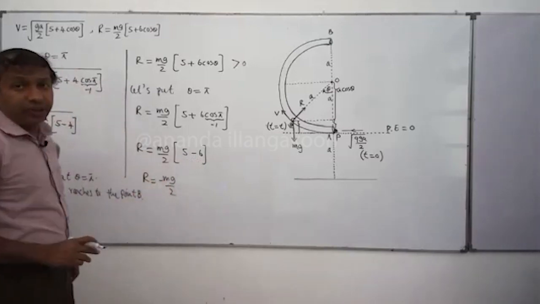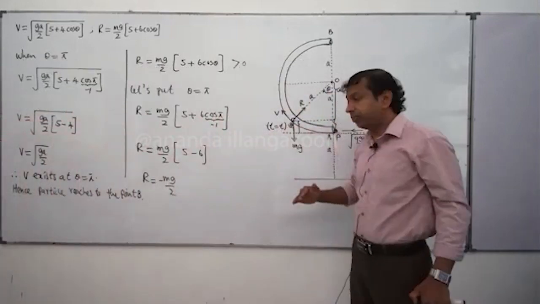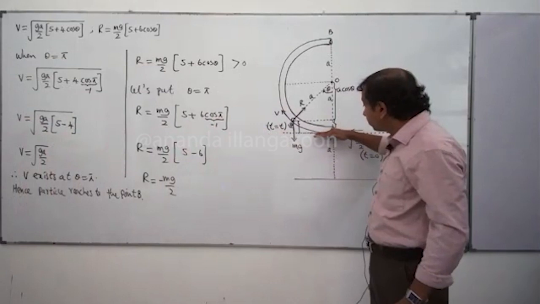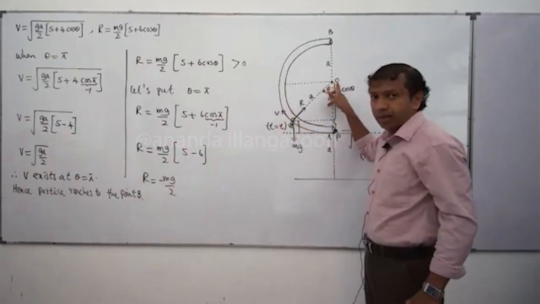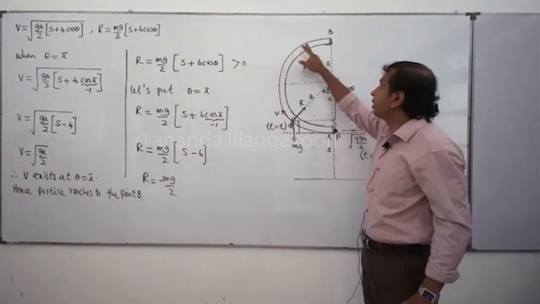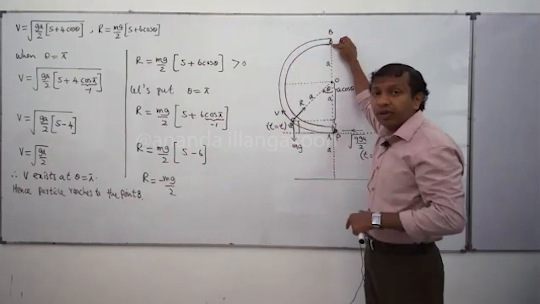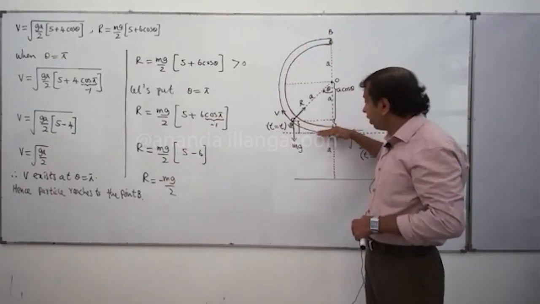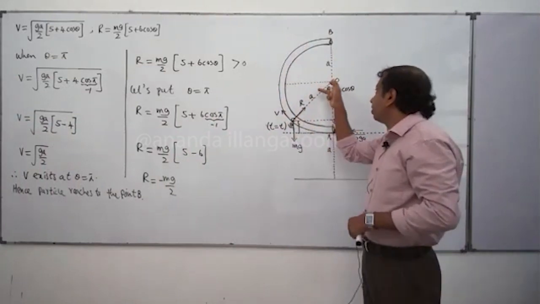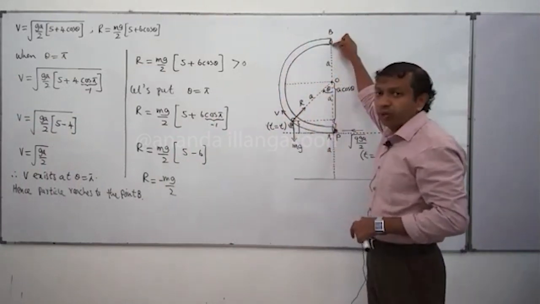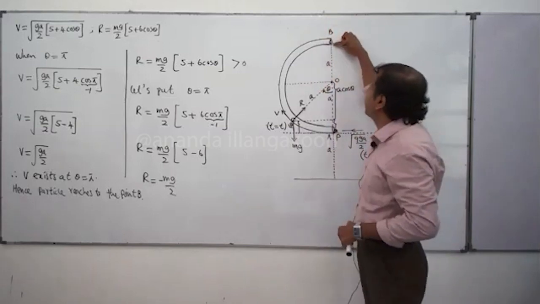Now we said during a particular portion of the motion, the reaction R acts towards the center. But once the particle reaches the point B, R is negative. R negative means that once the particle reaches the point B, the reaction is going away from the center, acting away from the center.